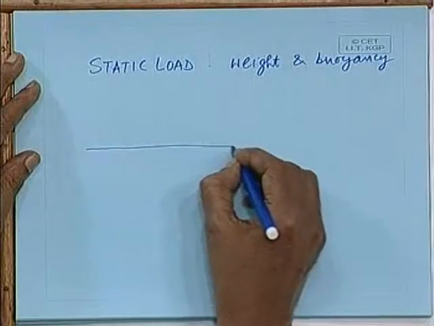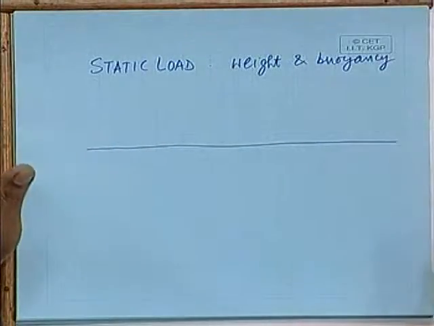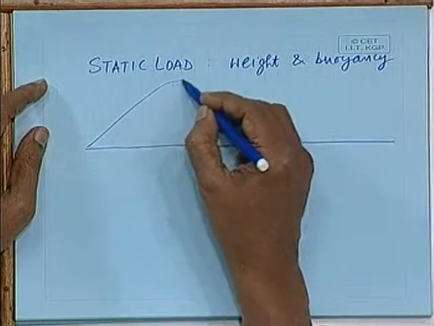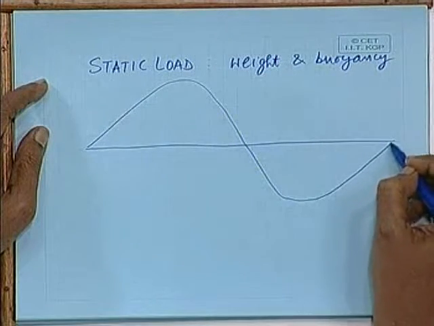Now, if I draw the load curve, you have all been acquainted with drawing of the weight curve, buoyancy curve and the load curve, which is the difference between the weight and buoyancy along the length of the ship. If I just draw a normal ship loaded fully and its shear force and bending moment diagram, the shear force would look something like this.